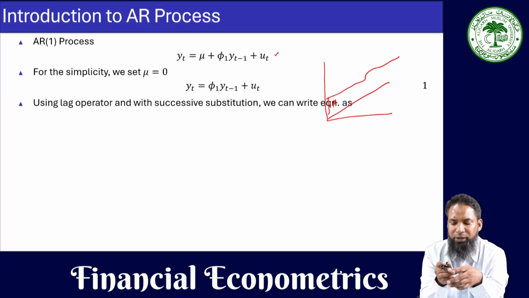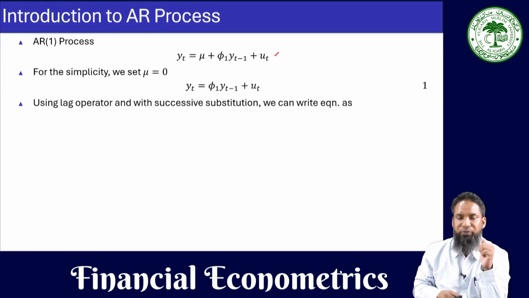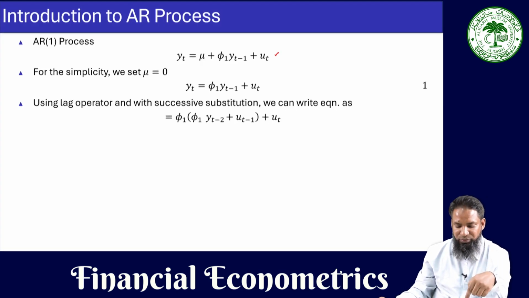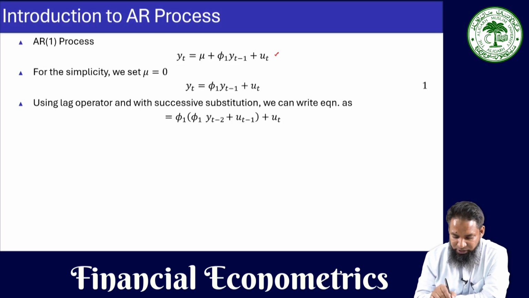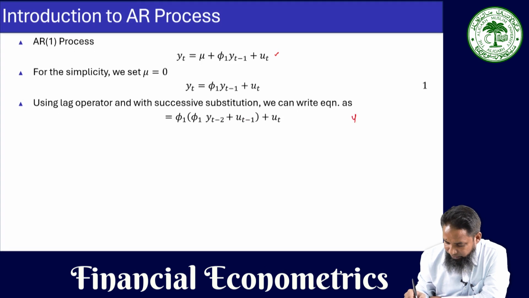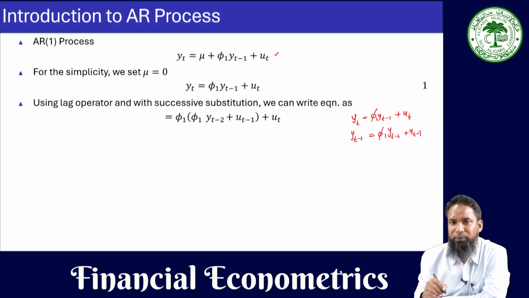Using the lag operator and successive substitution, we can write equation 1 as follows. From the lag operator, if y_t is equal to phi 1 y_{t-1} plus u_t, then taking the lag we can write y_{t-1} is equal to phi 1 y_{t-2} plus u_{t-1}.